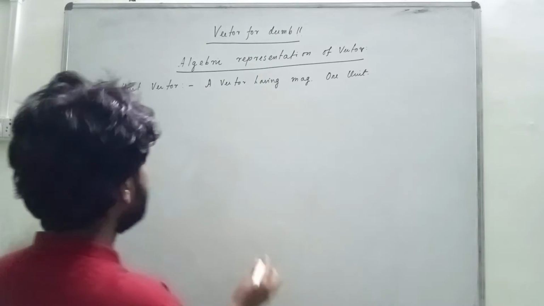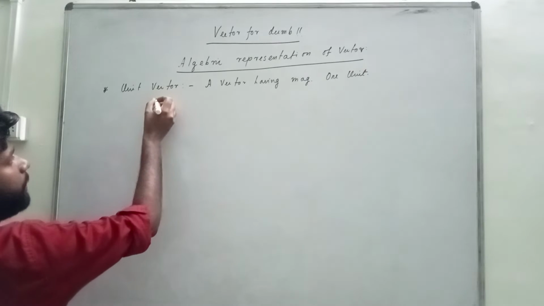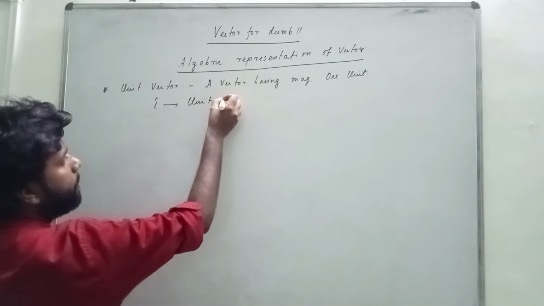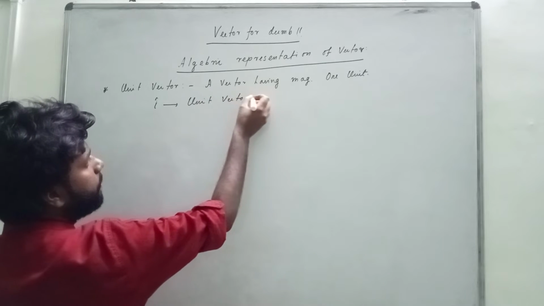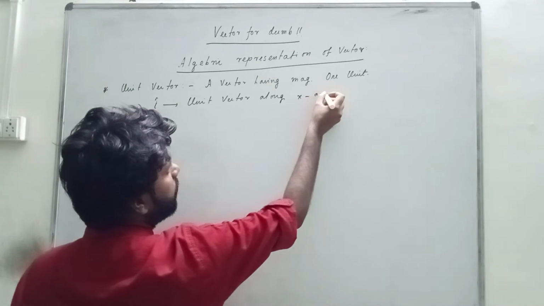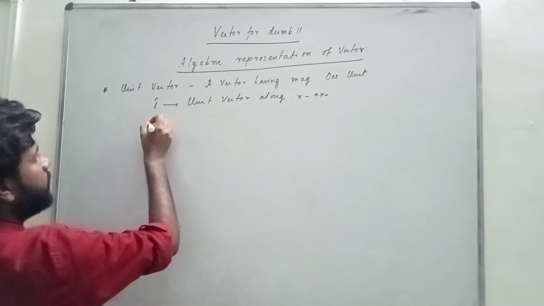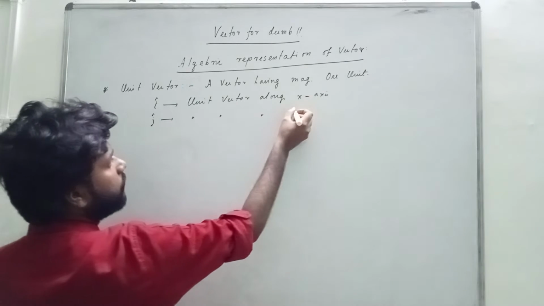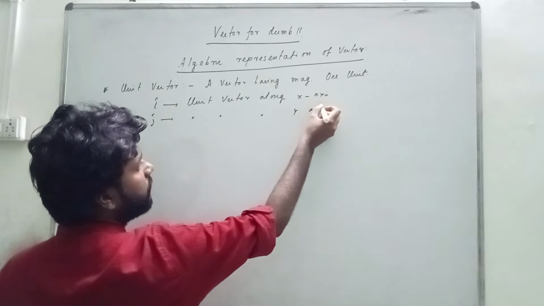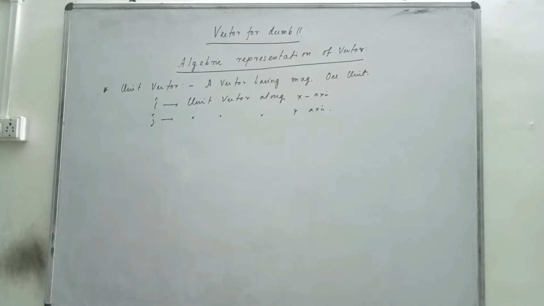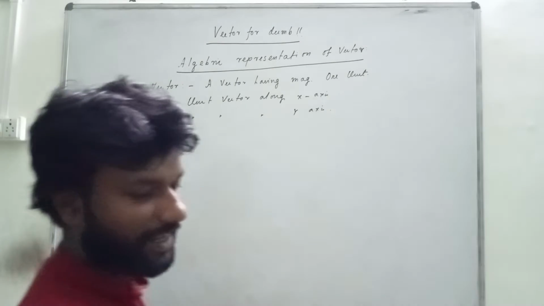One is the I cap or I hat, the unit vector along the x-axis, and here the j hat, the unit vector along the y-axis. Okay, so now for clarification, let's draw a coordinate system here.